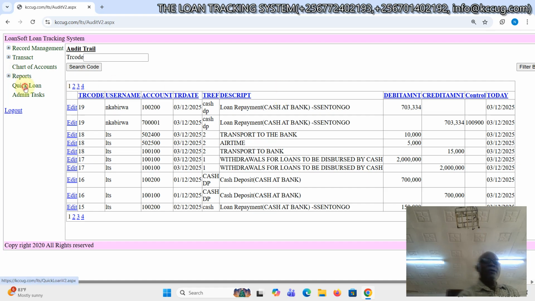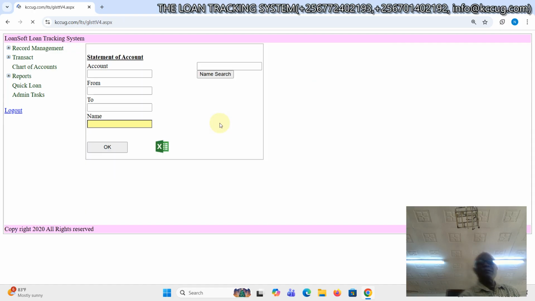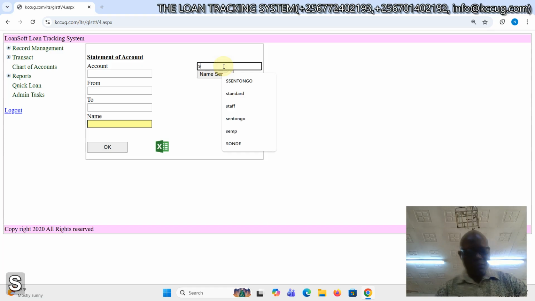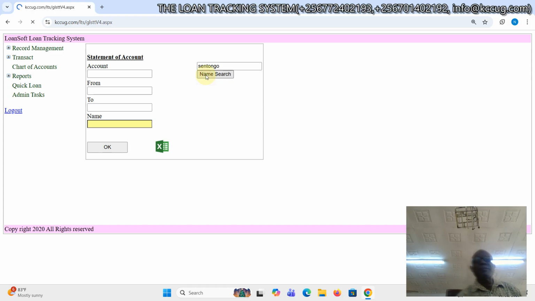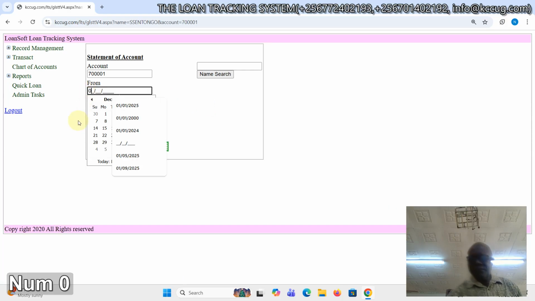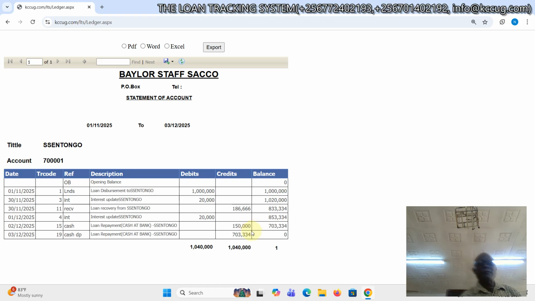If we click on Sentongo's statement of account, Sentongo's loan account, and we see from 1st of November 2025 up to when, they click OK. Sentongo is now at 0 balance.